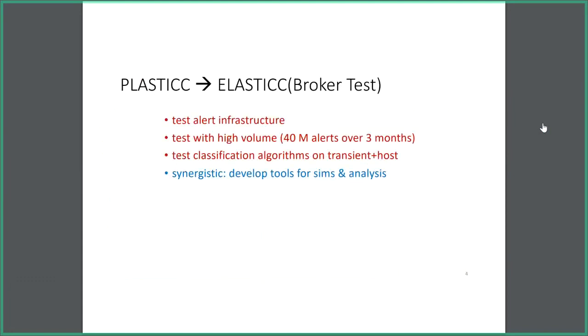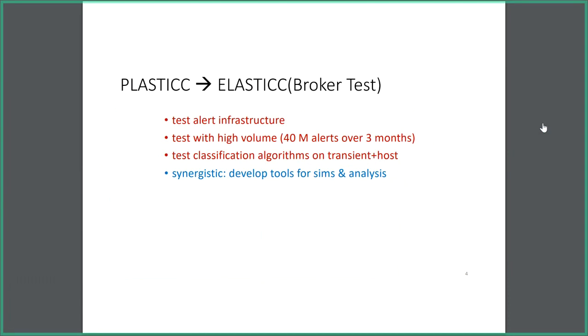So from PLAsTiCC 4 years ago, we are now working on Elastic, which is essentially a broker test. The goals are to test the alert infrastructure: sending, receiving, processing, all that under the hood stuff. That's really important. We want to test this with reasonably high volume, so it's about 40 million alerts over 3 months.